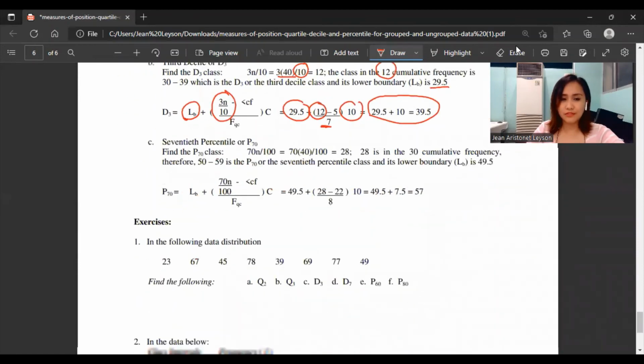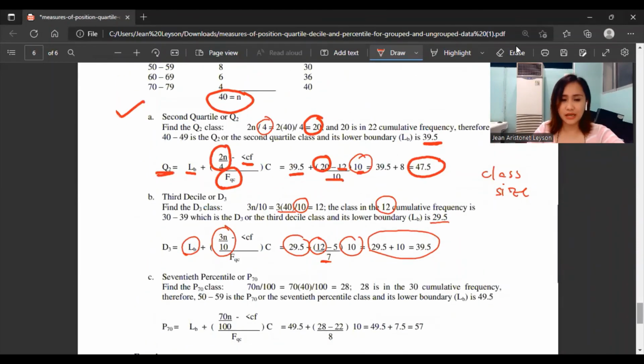Let's have the third and the last one. The 70th percentile. So we have here 70 because we are solving for the 70th percentile, times 40 because there are 40 items in our distribution. It's 70 times 40 divided by 100, because we are solving for percentile.